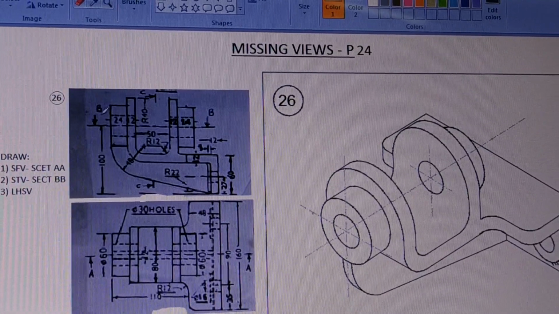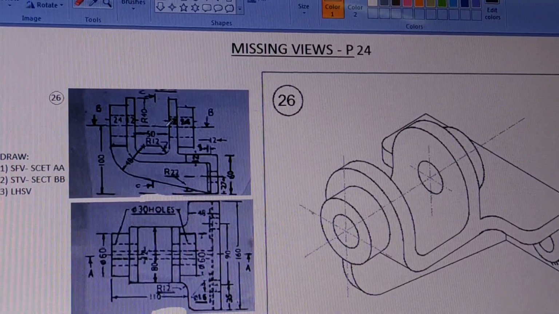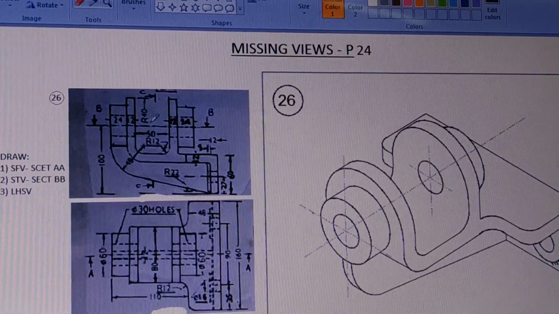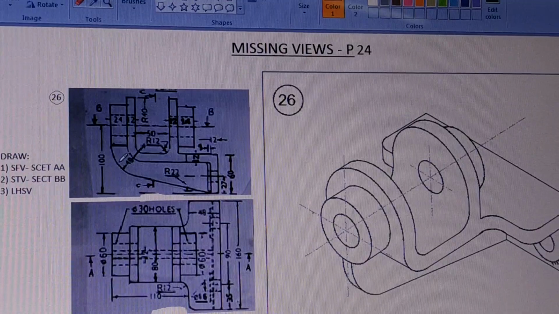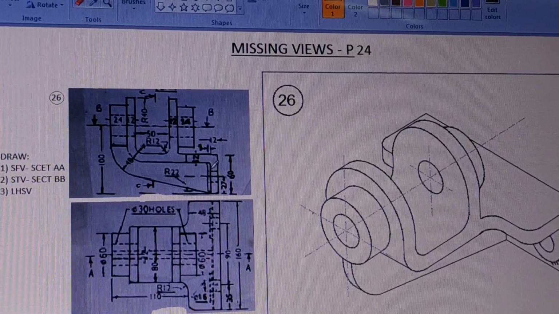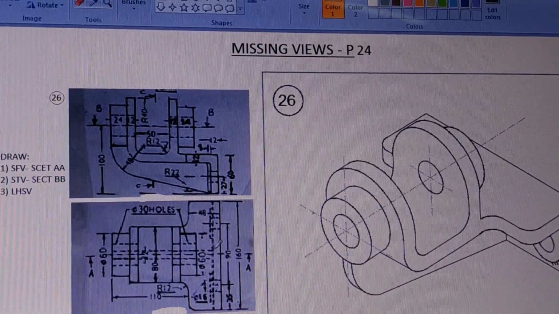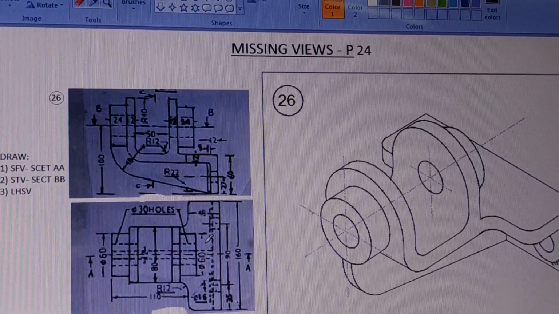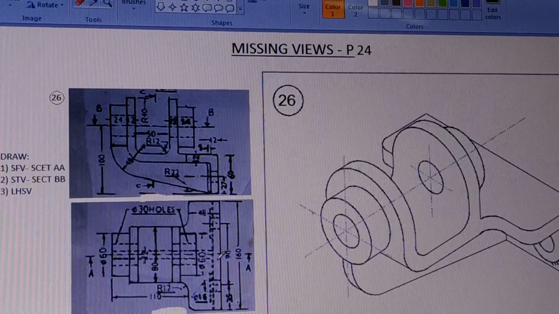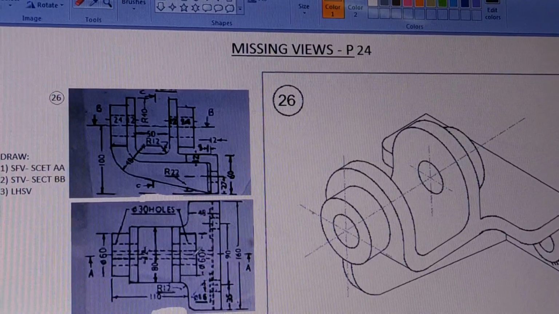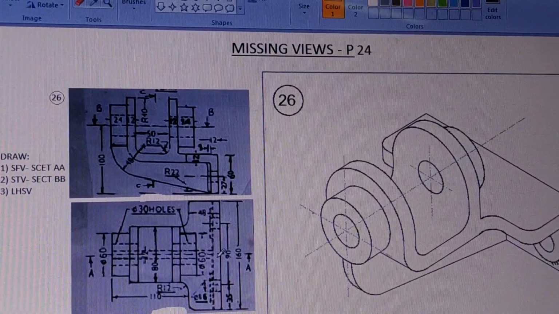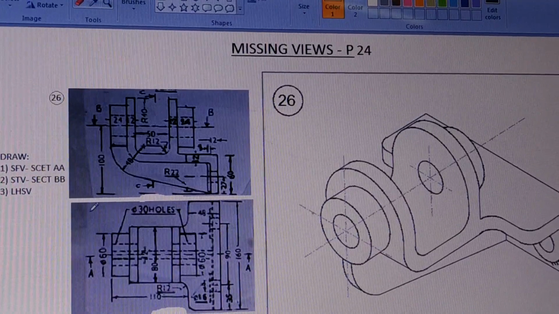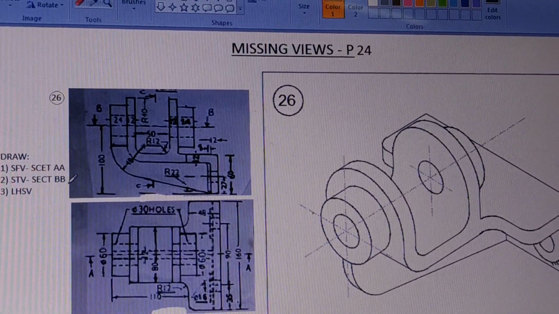That means you are interested to find out or see what is present at this particular plane. So you are not interested in the presence of this rib, the presence of this hole, etc. So all the dotted lines which are shown there, although they are really there, we are not going to show them. So in other words, in the sectional view, the dotted lines are not to be shown. Okay, so that will be your sectional top view, section BB.